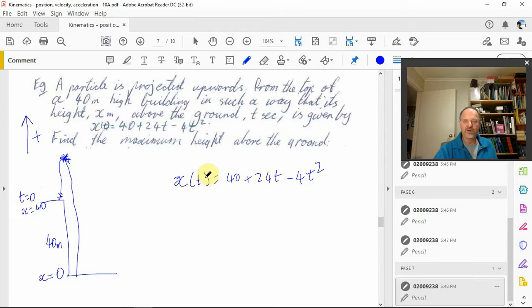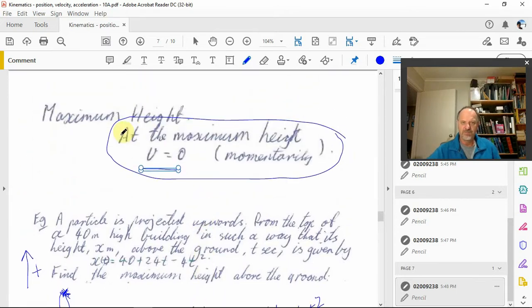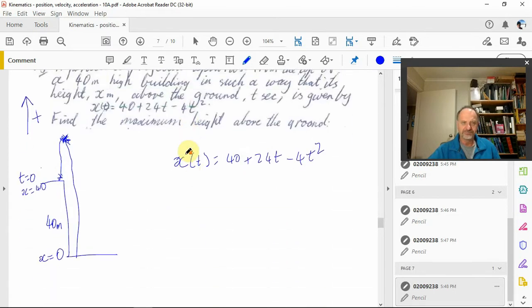And how are we going to work out the time? Well, we're going to use this here, that at the maximum height, v equals 0 momentarily. So here, the velocity will be 0, and the time, I don't know what it is, but when we find it, we can put it into there and find out how high we are above the ground. All right, so the velocity then is the derivative.